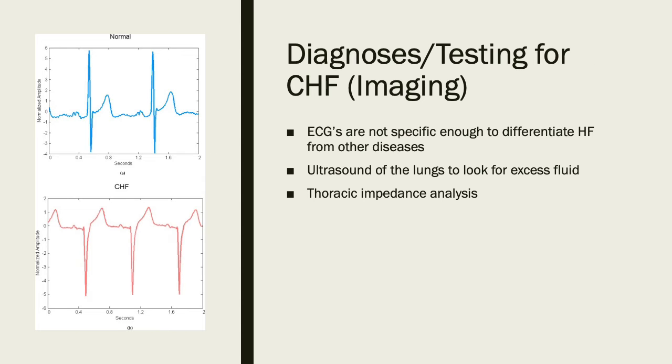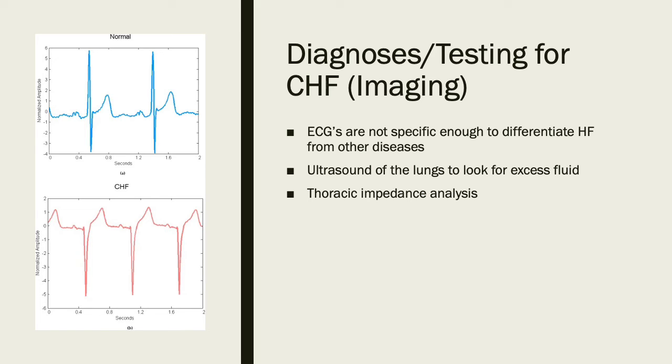This was referenced in the papers I cited, is a thoracic impedance analysis. What this is actually testing is the conductance of somebody's chest. If we think about what's in plasma fluid, it's water and ions, as well as proteins and other things. But the two main things here are water and ions.